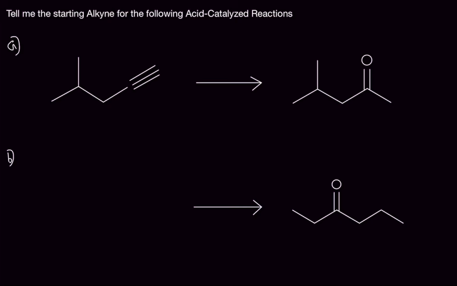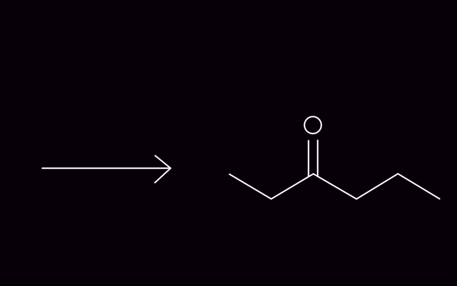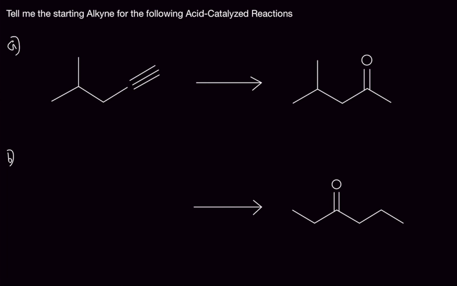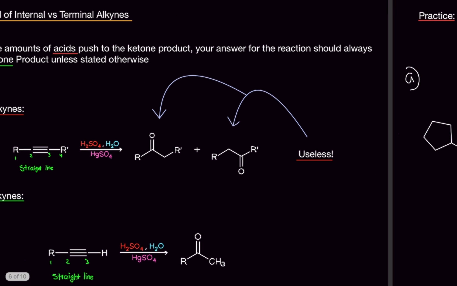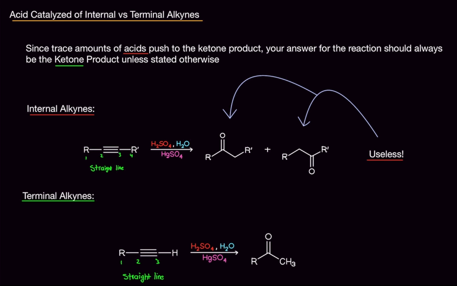What about this one? Okay, you can notice that we are not 1 carbon away from the end of the compound. We're 2 away. This is going to tell us that we have indeed an internal alkyne. Now I told you internal alkynes, if they're not symmetrical, you will have 2 answers.